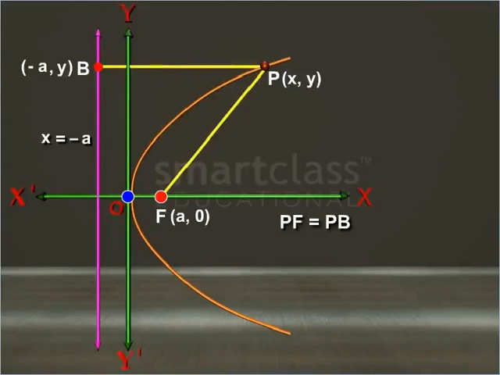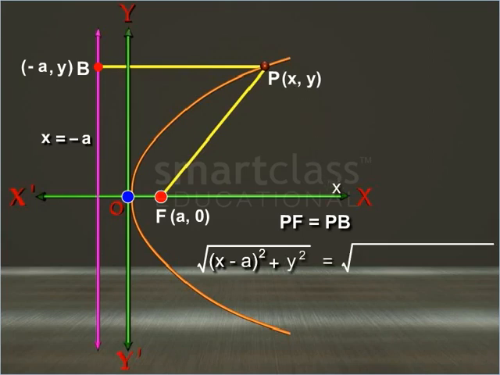Applying the distance formula and using the previous fact, we get the equality: square root of x minus a whole square plus y square is equal to square root of x plus a whole square.